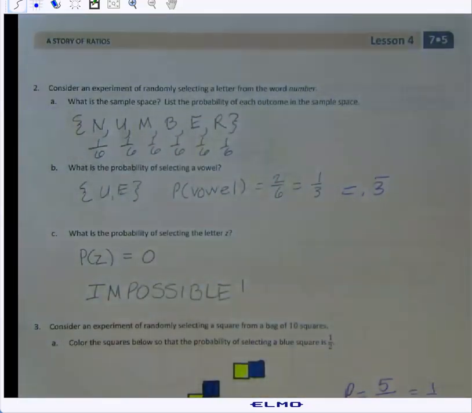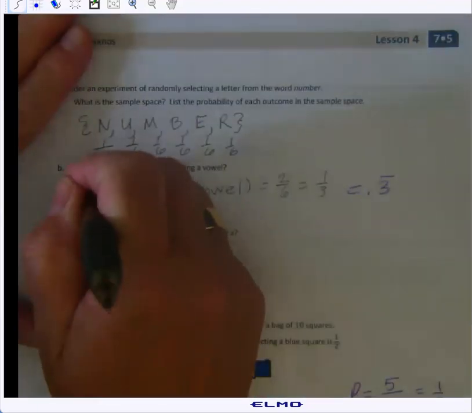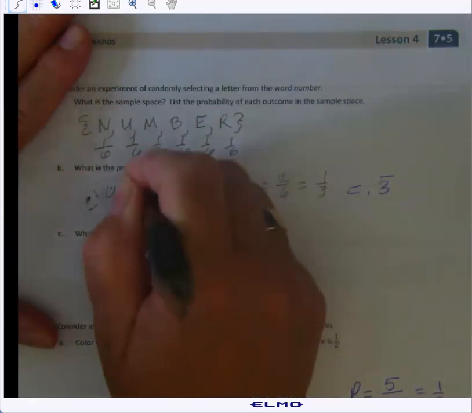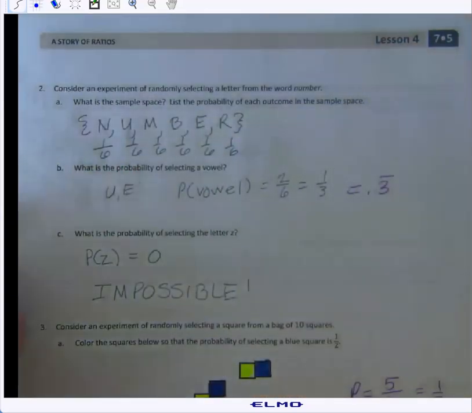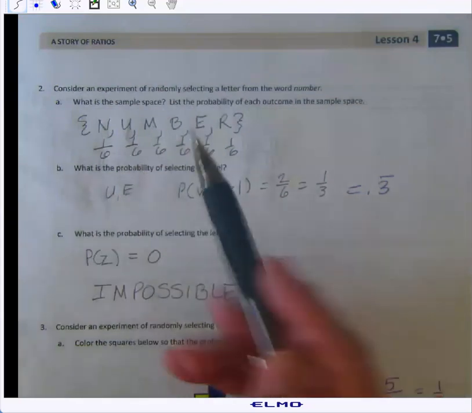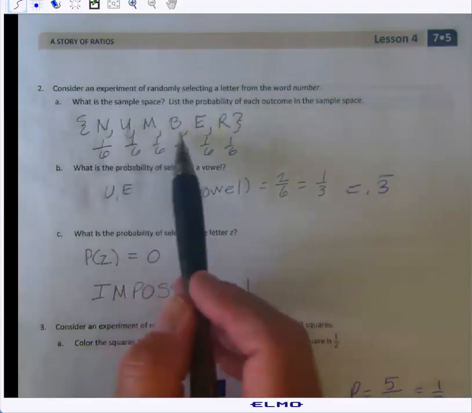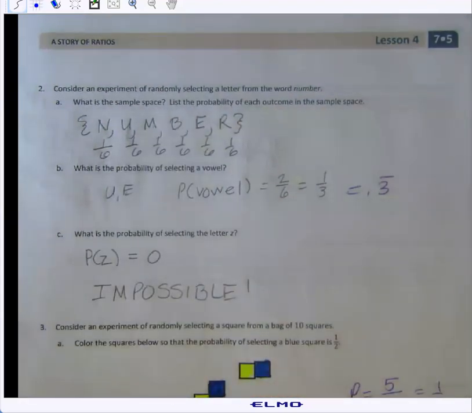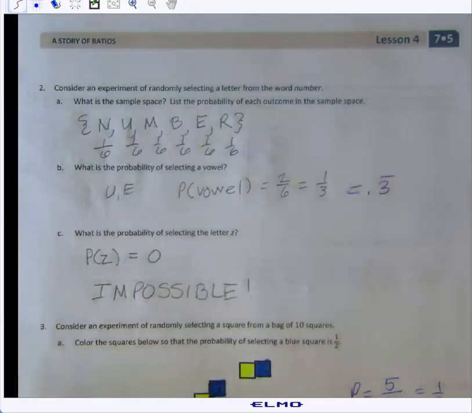That's our sample space. How many outcomes are in our sample space? 6. Okay. There are no repeats of those letters, so each one of those letters has a 1 out of 6 chance of being picked.